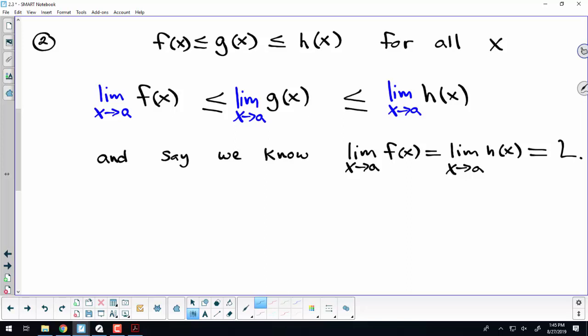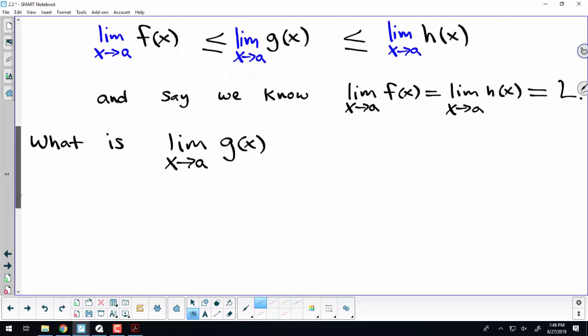So the question now is, what is the limit as x approaches a on the function g of x? Does everybody see that it has to be L? So we'll rewrite this again.